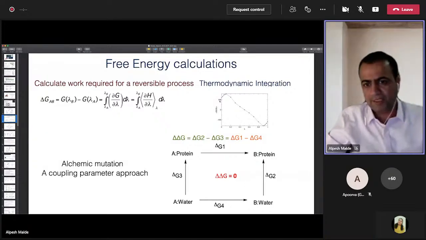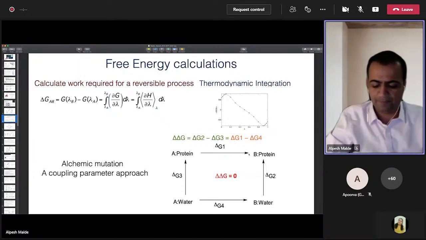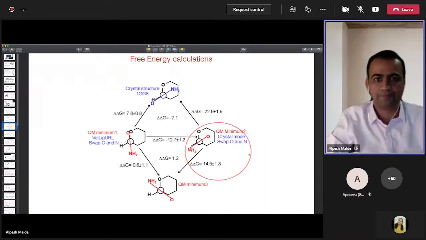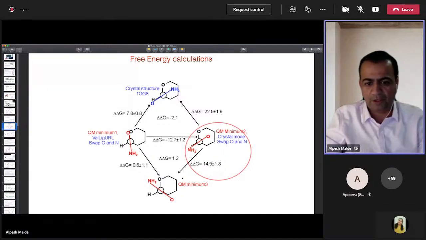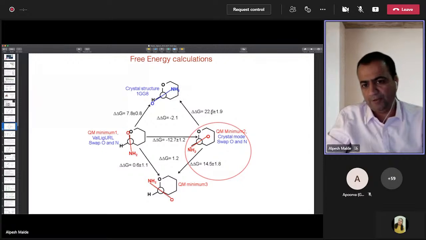So we do this series of calculations to calculate the free energy between these two states when it is bound to the protein. Now this is what we find here: this is the state which is bound in the crystal structure. We have QM minimum 1, QM minimum 2, and QM minimum 3. When we calculate the delta G between the states, for example, here when I go from this state to this state, you lose 22.6 kilojoules per mole, which tells me this is the most favored one.